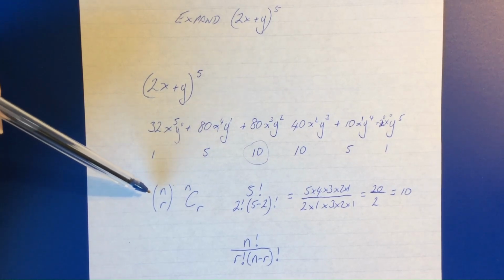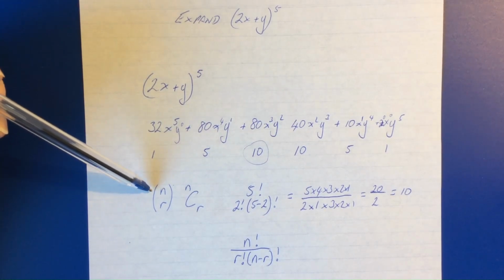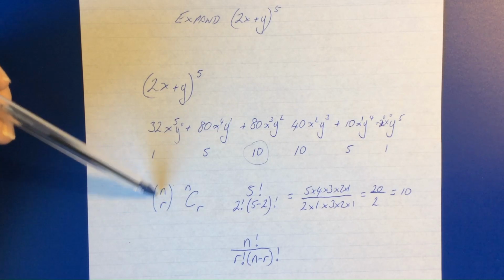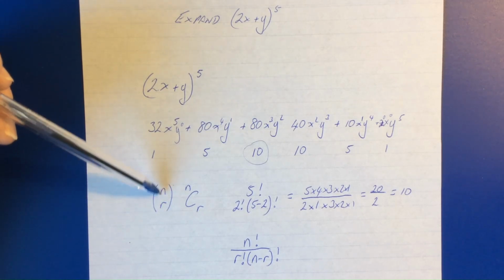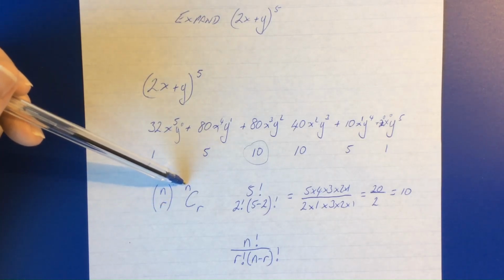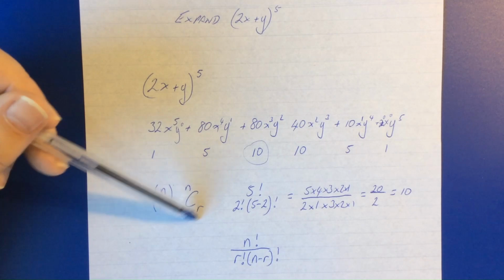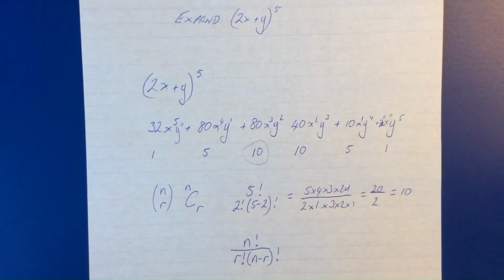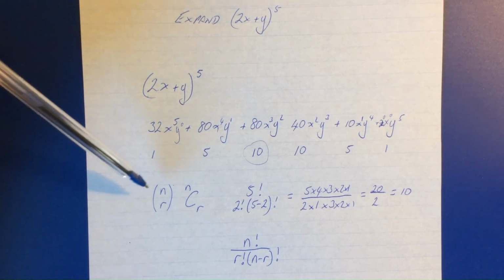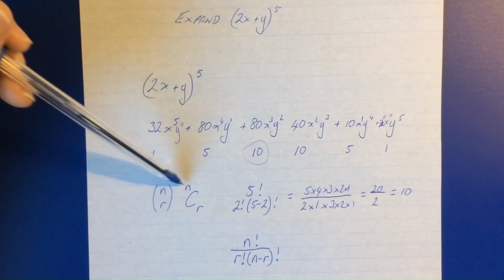Again, if you've seen binomial theorem before, you'll have seen this notation, which is n choose r. Those of you who are familiar with probability might have seen this. This is written in combination form, and there's usually a function on your calculator for calculating these numbers.